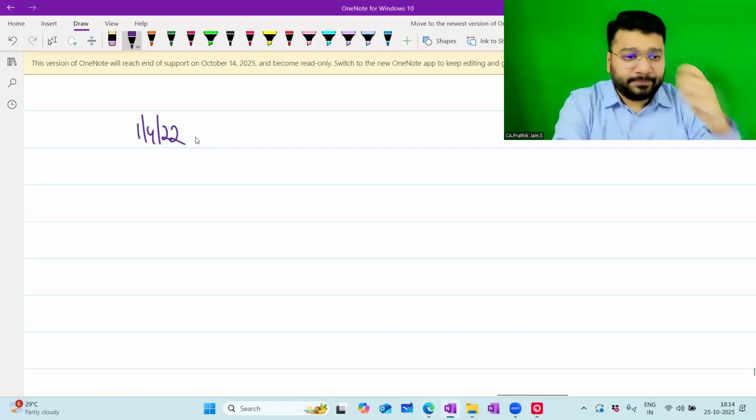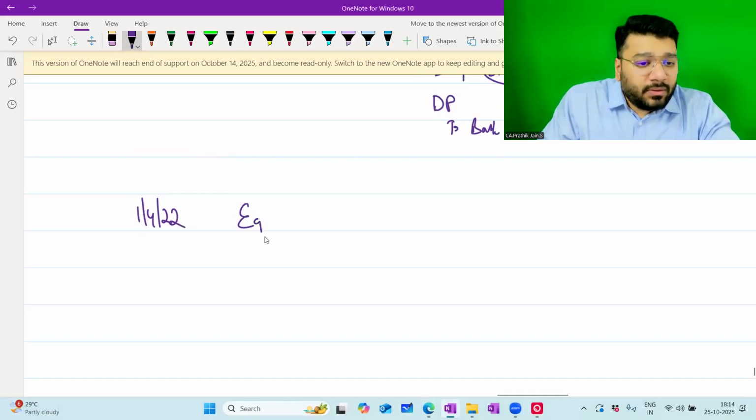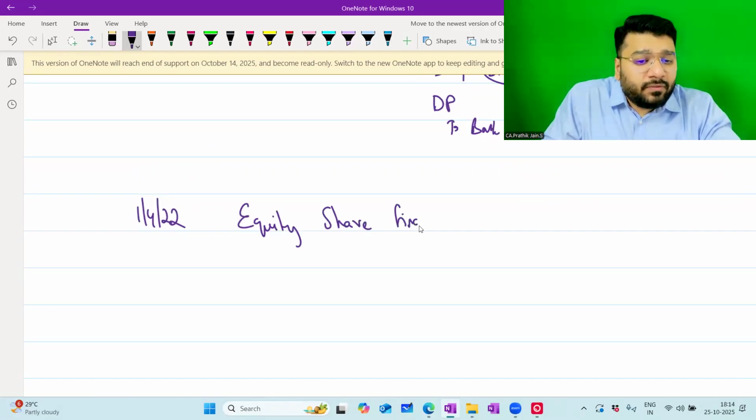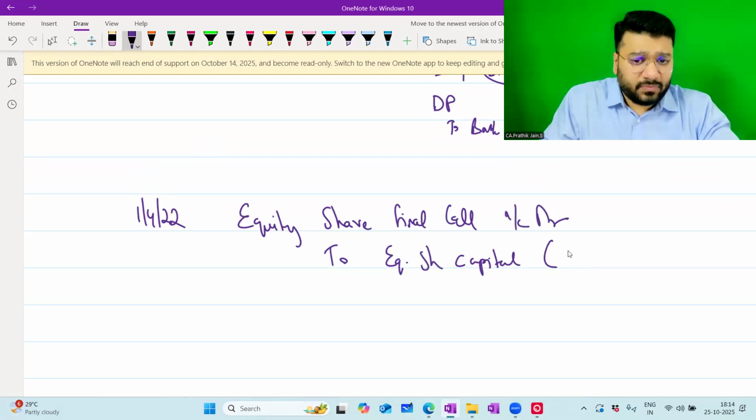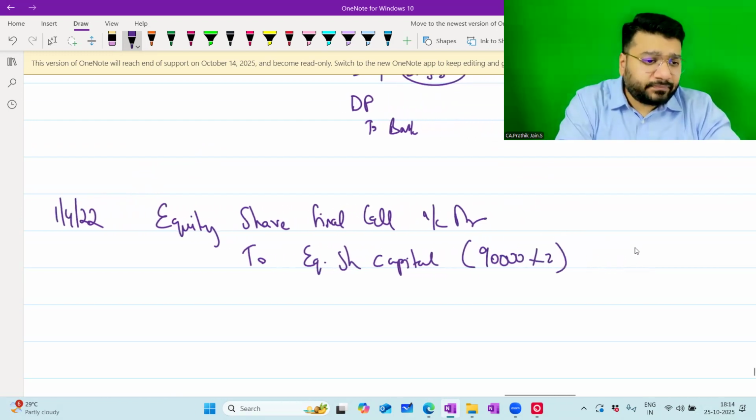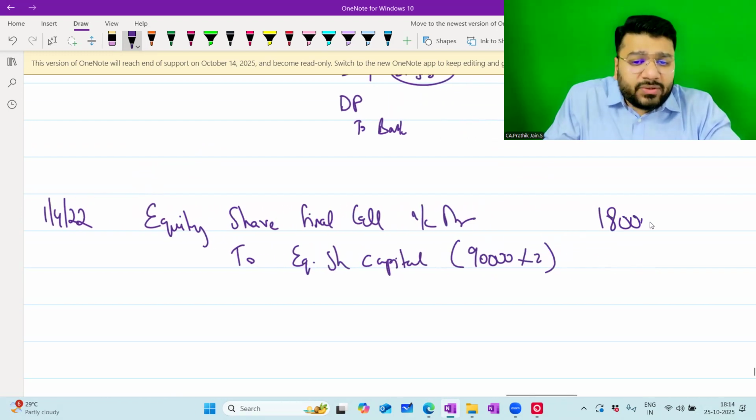What is the due entry? Equity share final call account debit to equity share capital. How many shares? 90,000 shares. And how much is due? 2 rupees. How much is it? 1,80,000 and 1,80,000.